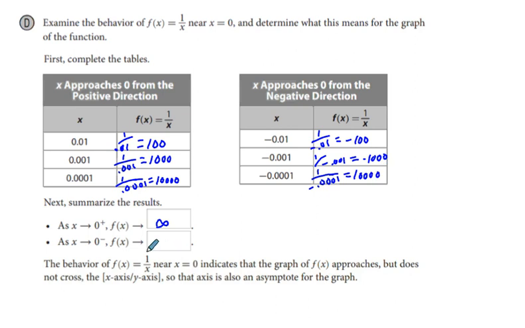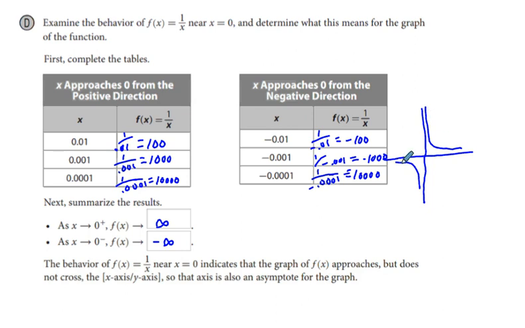And so as x approaches 0 from the left, f of x approaches negative infinity. And if we look at the vertical asymptote, I'm going to draw this here on the right. So you can see, I hope, that as we approach 0 from the right, we approach positive infinity.